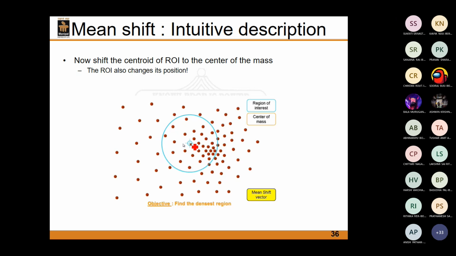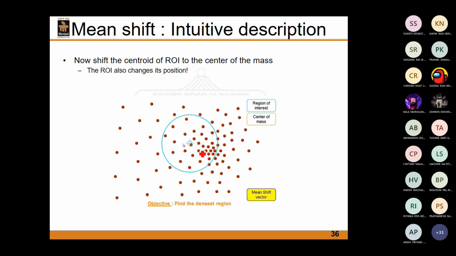Next, you again look at all the data points present within the circular region of interest and calculate the center of mass. You will see that the center of mass is again located towards this region, because there are more data points crowded close together in this particular region.